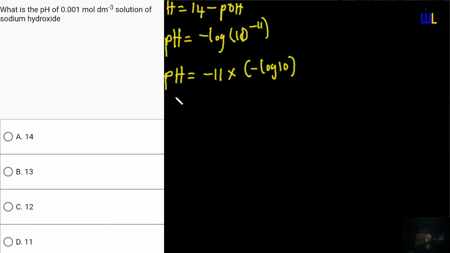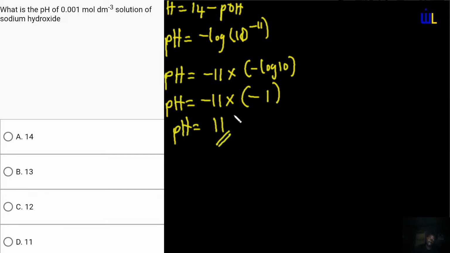That's how to resolve it, which means your pH will now equal minus 11 times, now note, log 10 base 10 equals 1. Remember, this minus remains. Log 10 base 10 is 1, and you have that. So the final answer of our pH will be minus 11 times minus 1, and that is going to give us 11. I presume this was understood.